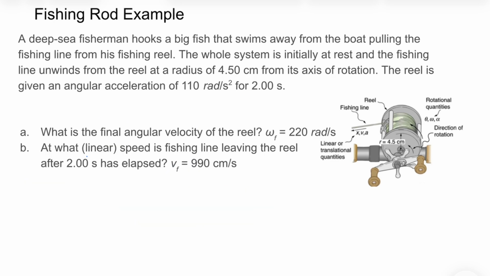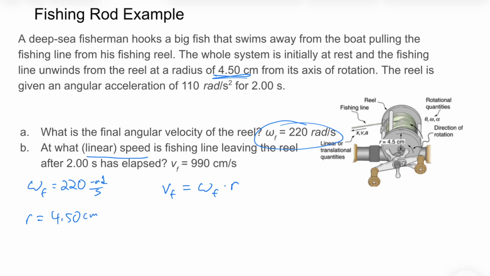All right, next up, let's find the linear speed that the fishing line is leaving the reel at that point in time after 2 seconds had elapsed. We know that our final angular velocity is 220 radians per second. In order to relate that to our velocity, we know that our angular velocity times our radius gets us our translational velocity, and our radius is 4.50 centimeters.